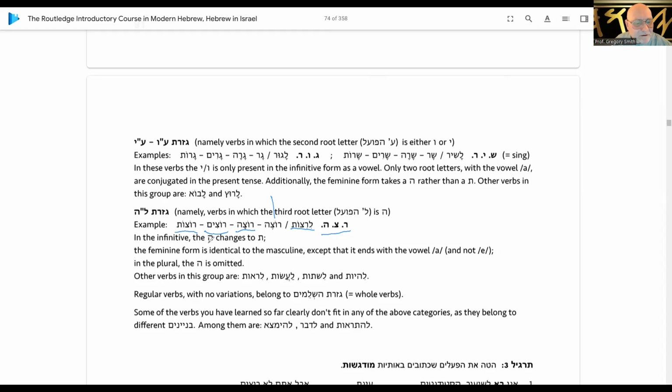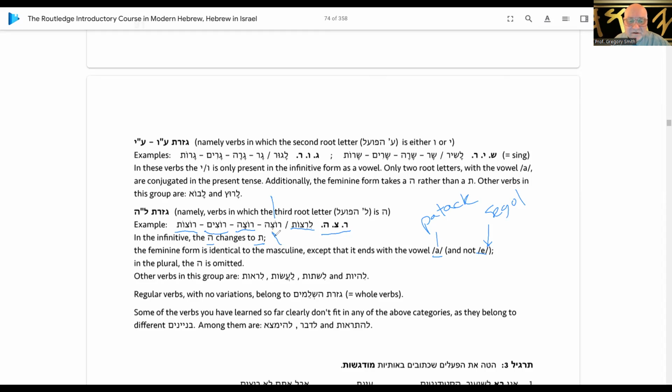Okay, in the infinitive, the hey changes to the tav. Look at that. All right, so the feminine form is identical to the masculine, except that it ends with the vowel a, not e. So that would be like a patach. And the e sound would be segol.